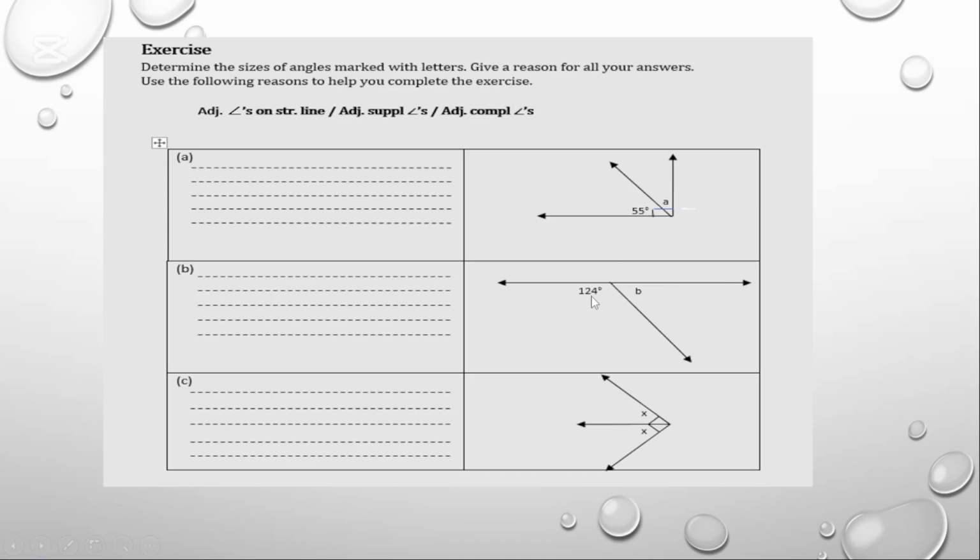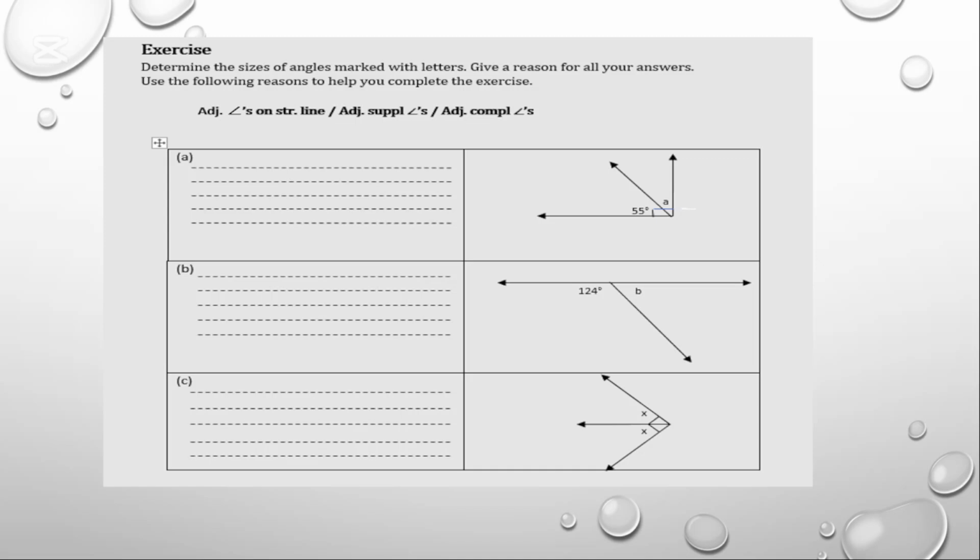We have adjacent angles. And now we know they add up to 180. Okay, and we start by saying B plus 124 is equal to 180. Reason, adjacent supplementary angles. And from there you will subtract 124 from 180 and you'll get your answer.